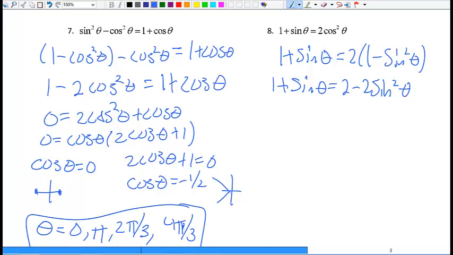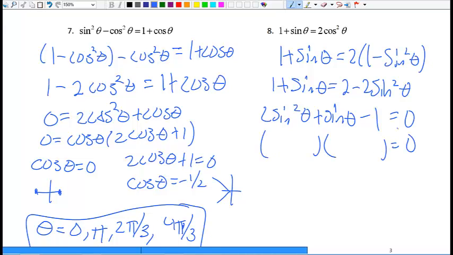And I'm going to bring everything to the same side. I'm a big fan of positive squared things if I can make it happen. So I'm going to bring everything over to the left. So that's 2 sine squared theta plus sine theta, and that would actually be minus 1. If you bring the 2 over, then it's a minus 2, and then plus 1 gives us minus 1, all of which equals 0.